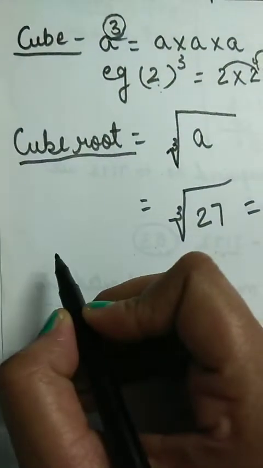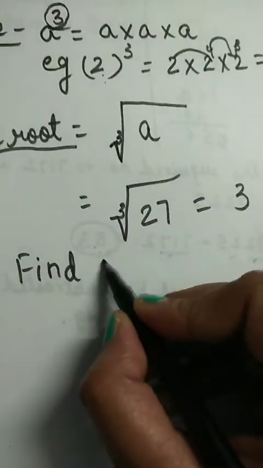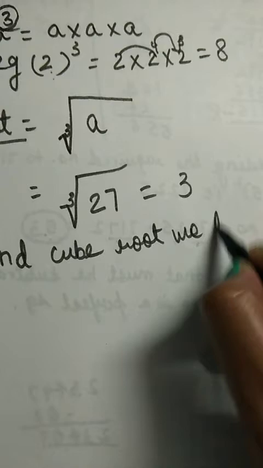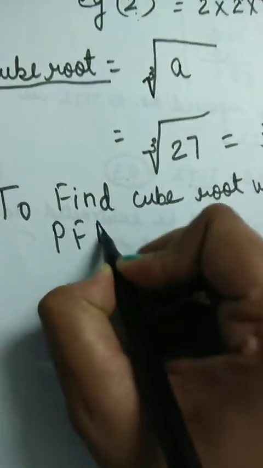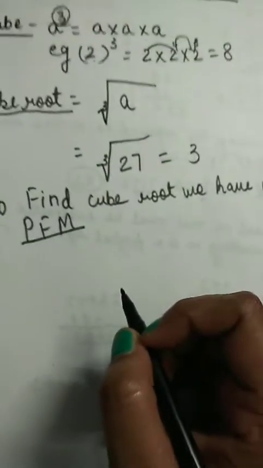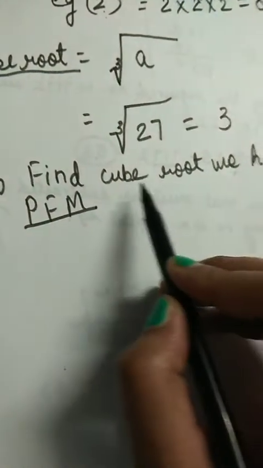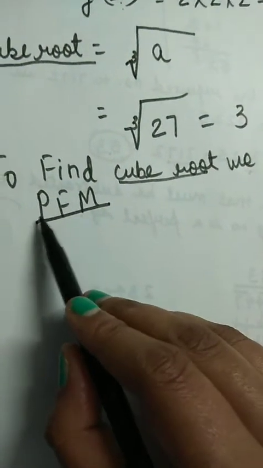Now in cube root, we have only one method to find the cube root, which is called the PFM method, that is, prime factorization method, which we were using in square to find the square root of a number. In a similar way, to find the cube root of any number, we use this method, the prime factorization method.